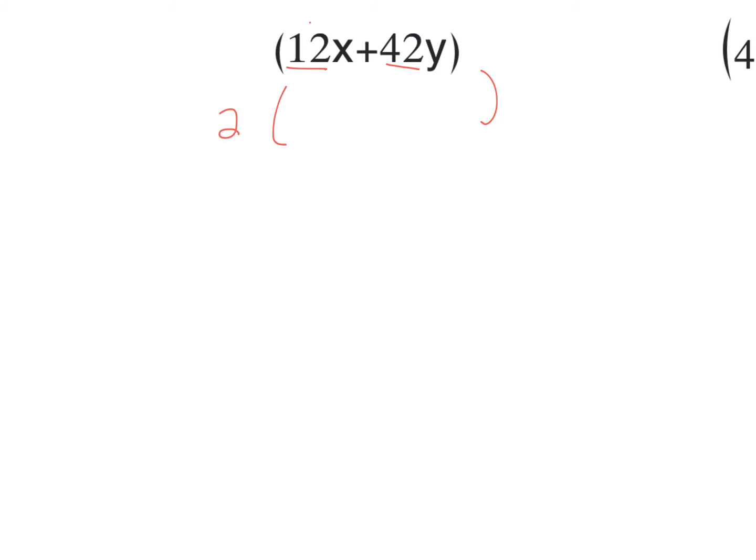Well, 12 divided by 2, that's 6. 42 divided by 2, that's 21. Now, x's and y's. Are x's shared with all pieces in this problem? Well, this guy over here does not have an x, so no x's. Same thing with the y. This has a y, but this piece doesn't, so the y's stay.